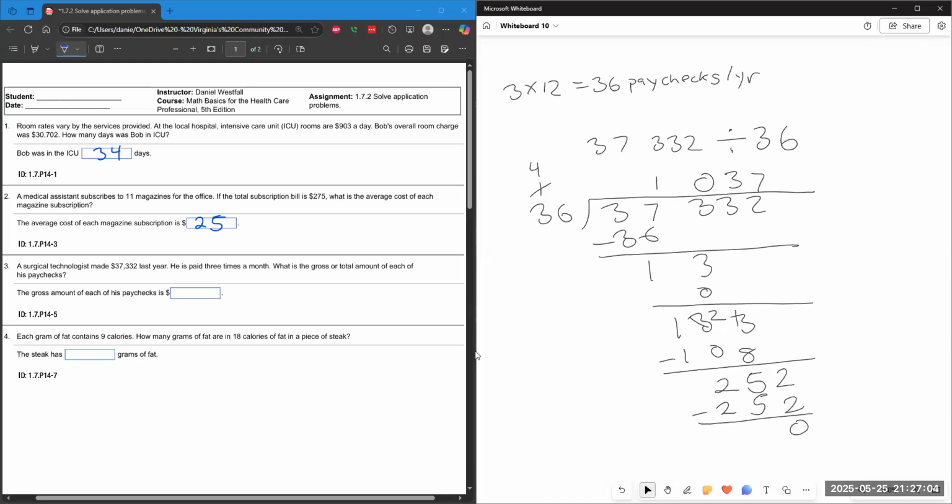So the gross amount of each paycheck should be $1,037 exactly.